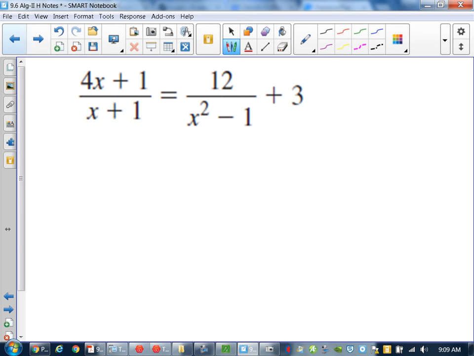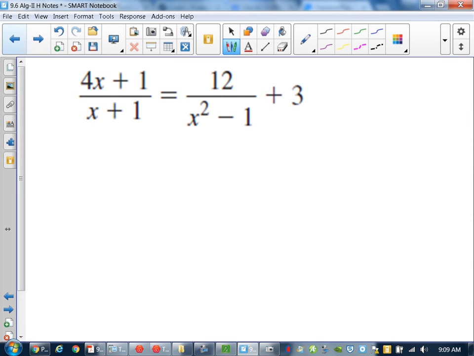Well, it's fun. This one's going to have an extra step to it. Great. So I have 4x plus 1 over x plus 1 equals 12 over x squared minus 1 plus 3.